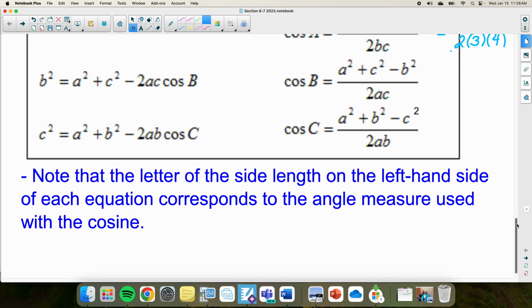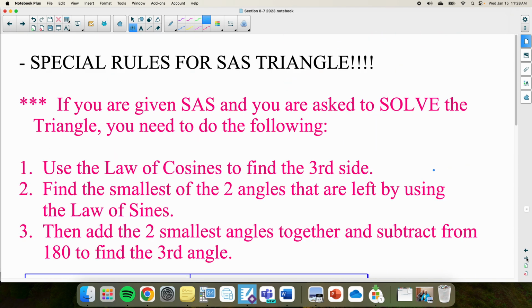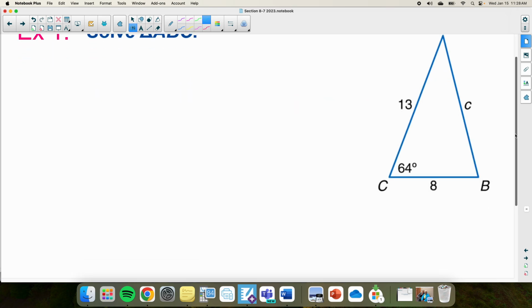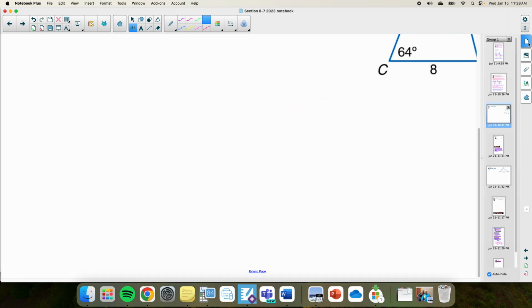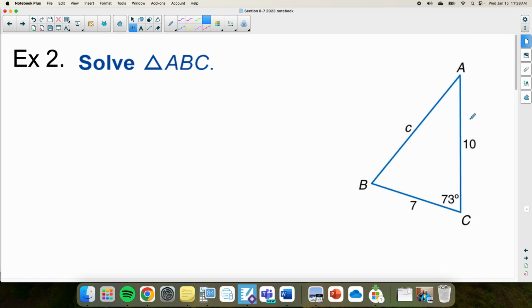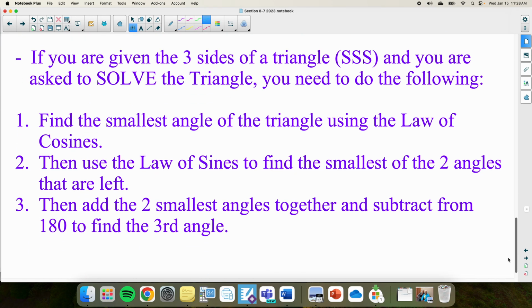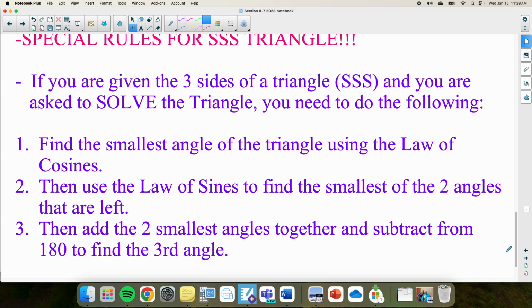All right, so now let's go to where we have directions right here. At the bottom of yesterday's page, we have directions for a side, side, side triangle. Unfortunately with Law of Cosines, we can't just choose one angle and go with it. We have to do these in these steps, okay?